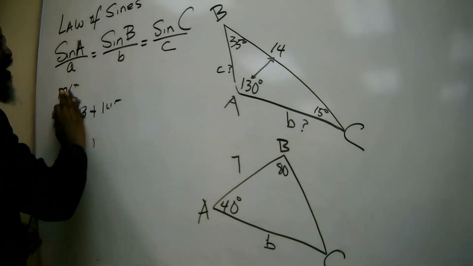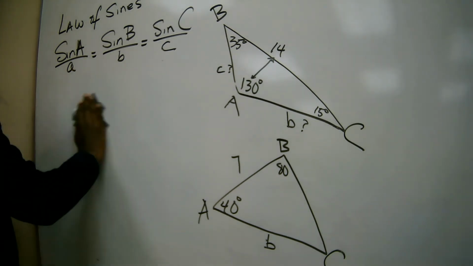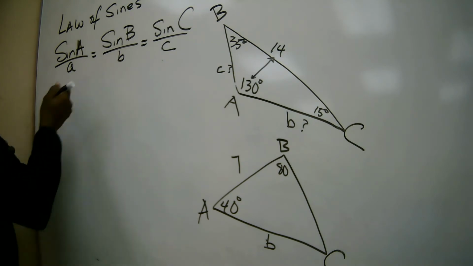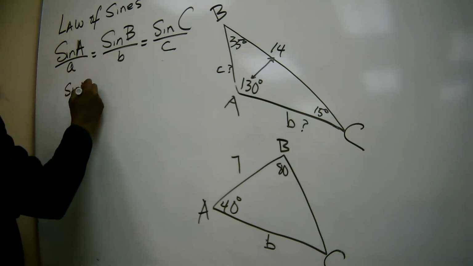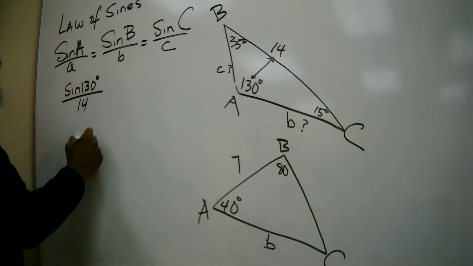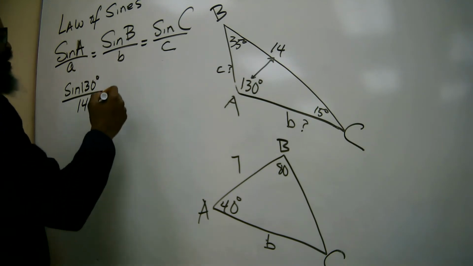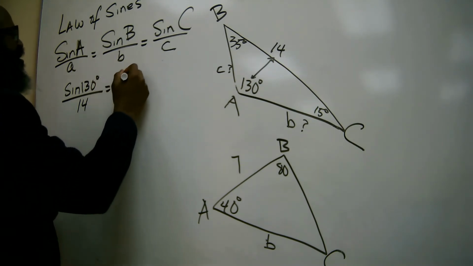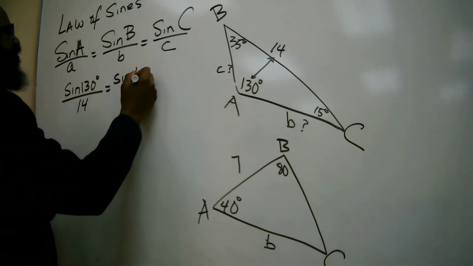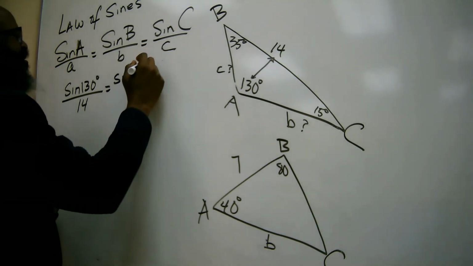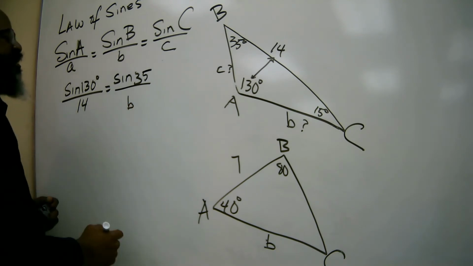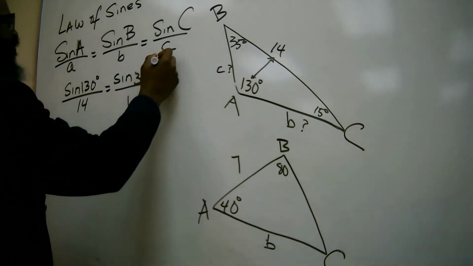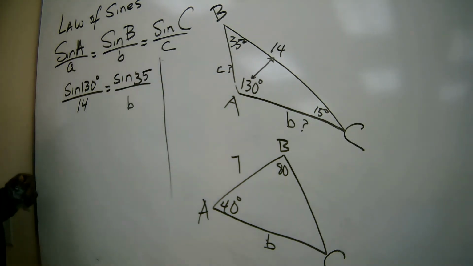So that will be sine of 130 over 14, that's our scale factor, is equal to sine of B, which is 35, sine of 35 over B. That will help me find that.